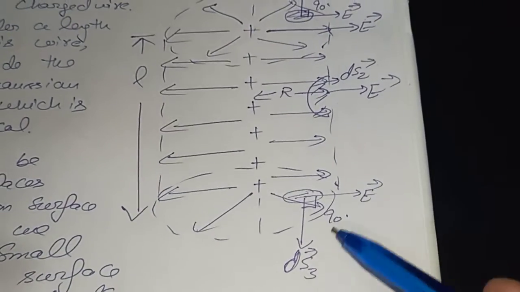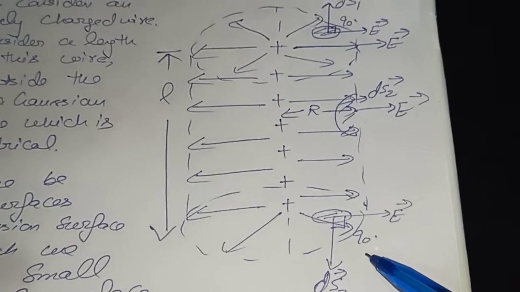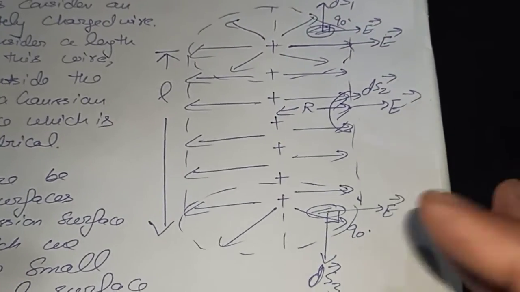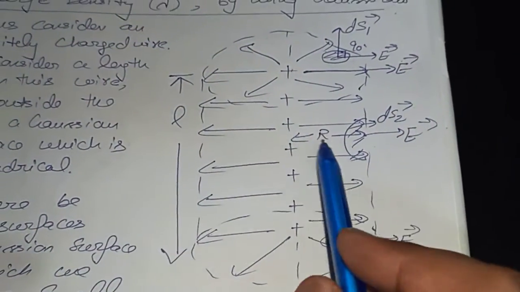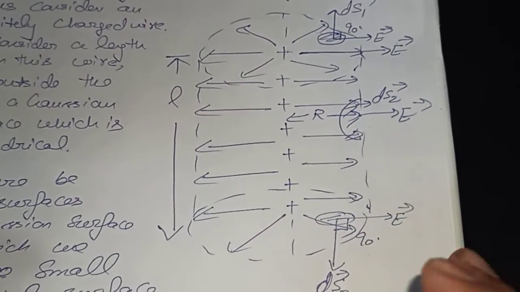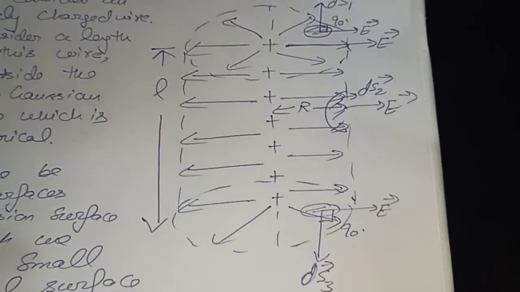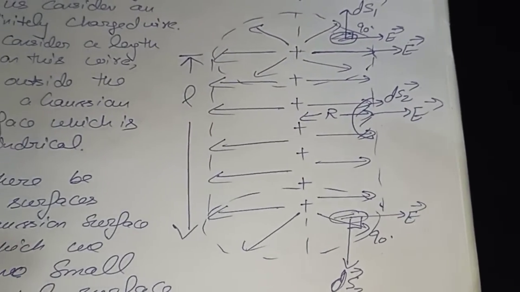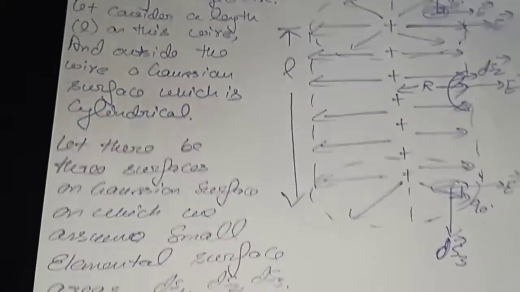For the lower surface, ds is below and the electric field makes an angle of 90 degrees. Actually, there are three surfaces, one curved and two flat, so we consider three elemental surface areas, because electric field passes through these surfaces.